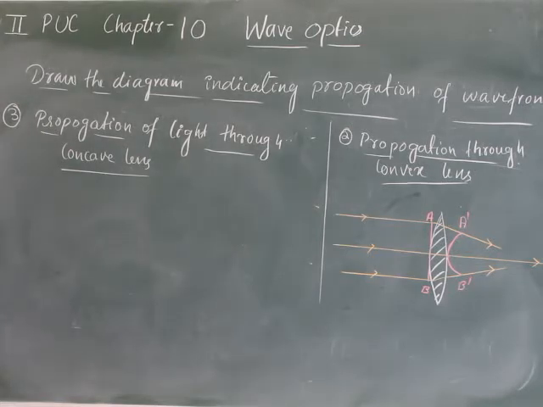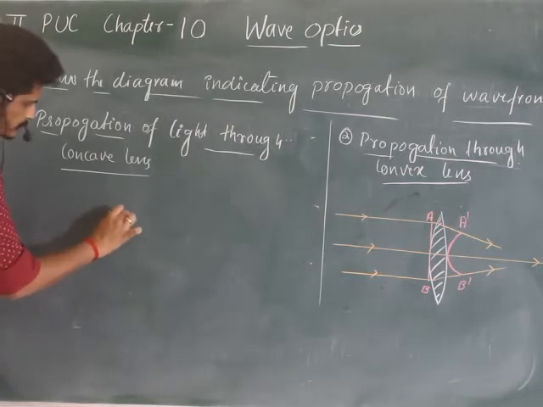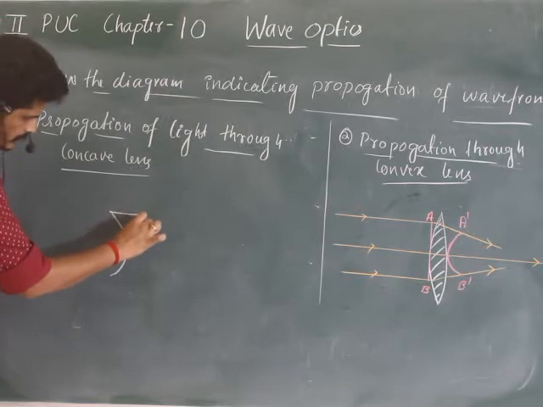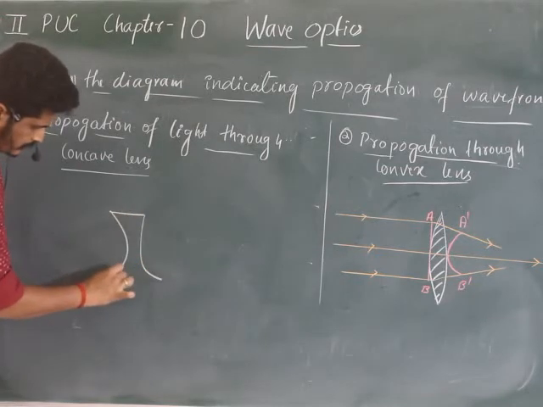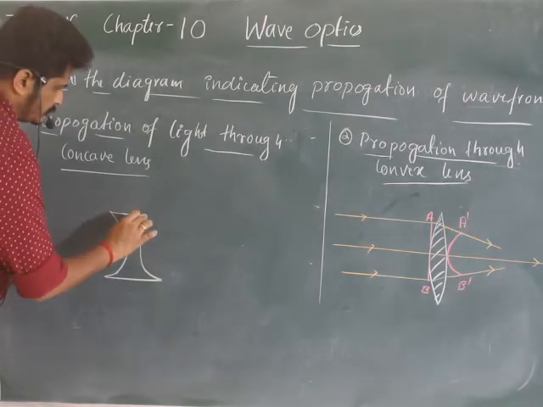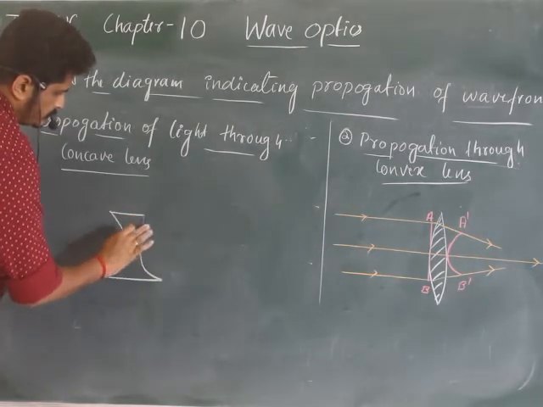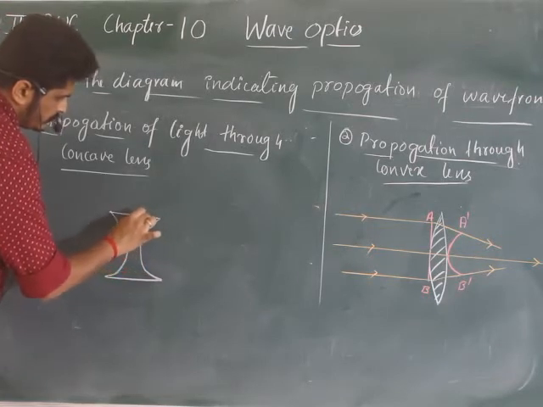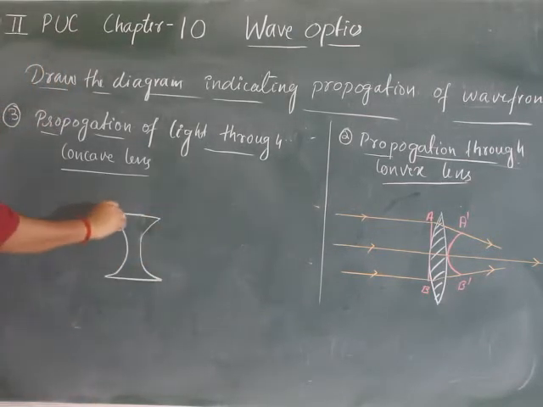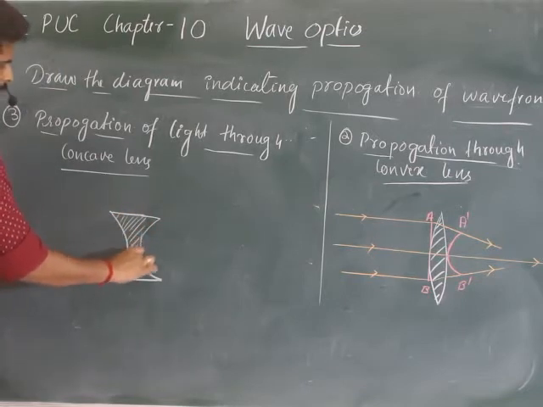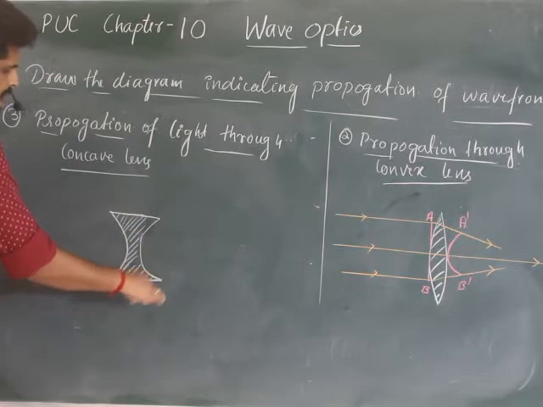So a concave lens here. Yes. So it's a concave lens now, a biconcave lens. Both sides have curvature.